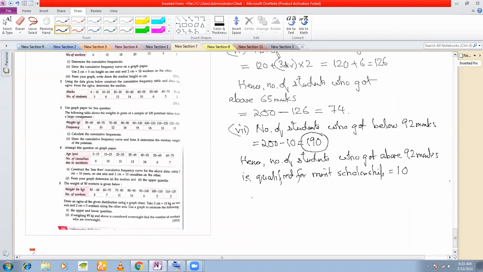Hence, what is the minimum marks required? The minimum marks required for merit scholarship is equal to 92 marks. So anyone who gets above 92 marks will qualify for merit scholarship. That's it. This is one problem from median.